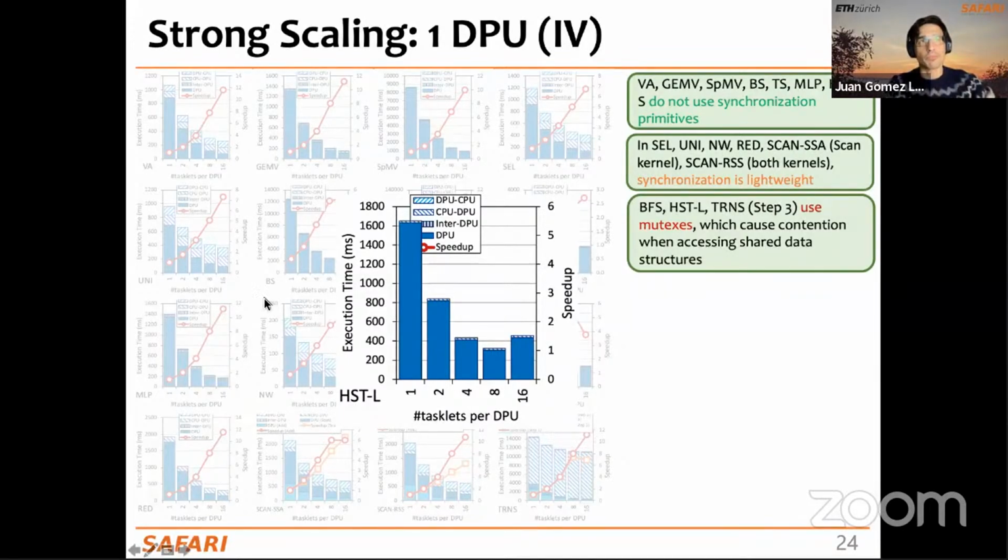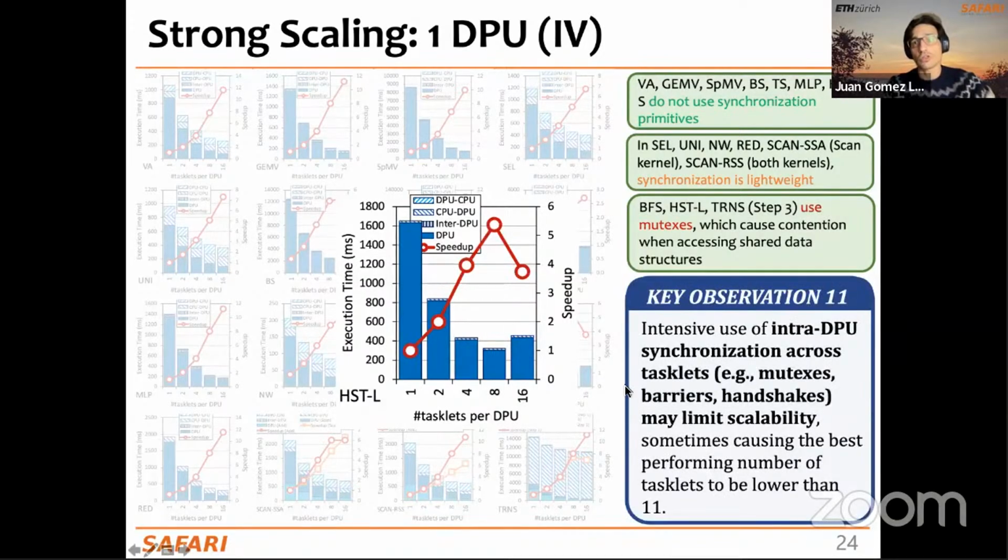So what happens is that when we start increasing the number of tasklets, because we are making a better use of the resources, and we are making better use of the pipeline stages, we are exploiting this parallelism with the multiple tasklets. We see that the execution time reduces, but at some point it increases again. And the reason for that is the contention that we have when accessing the mutex.